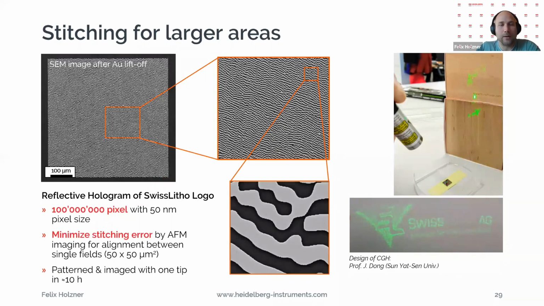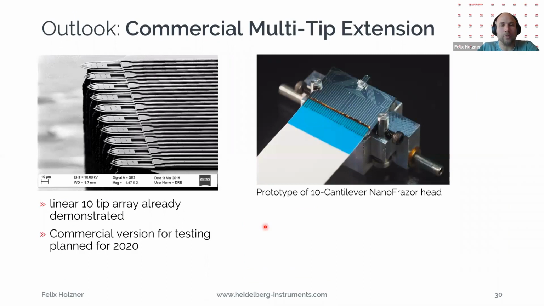So in order to increase throughput further, what we are working on right now, and which we plan to bring out as a test version by the end of the year, is a linear array. We are actually looking for suitable beta site customers right now. So we go again for parallelization. We will use many tips in parallel in the future, and you see how this looks.